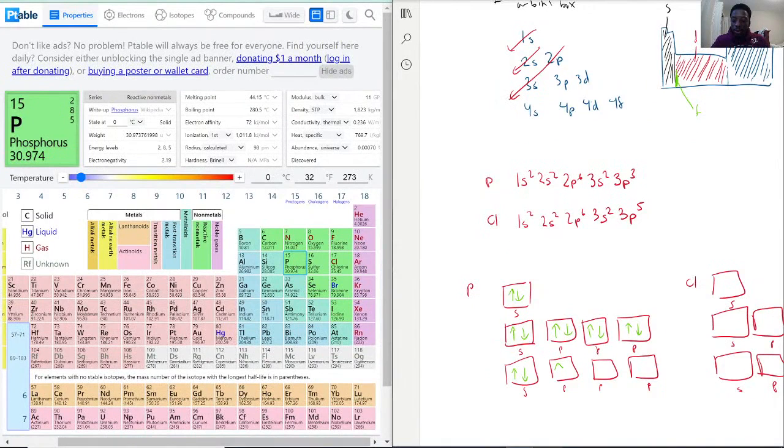As you can see here, orbitals get filled halfway first, like one in each, and then it goes back and fills in again. And chlorine, the same thing here. 1, 2, 3, 4, 5, 6. And so we have 1, 2, 3, 4, 5. So now we have both the orbital box notation for phosphorus and chlorine here.